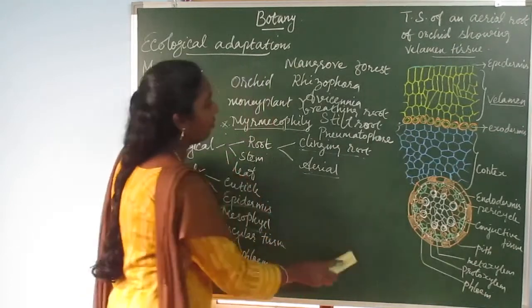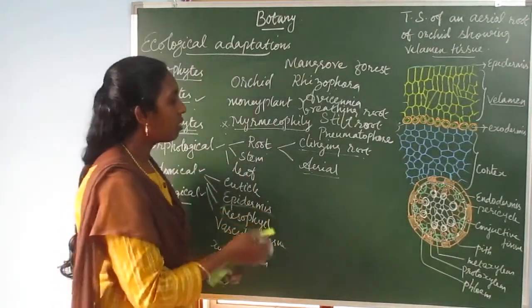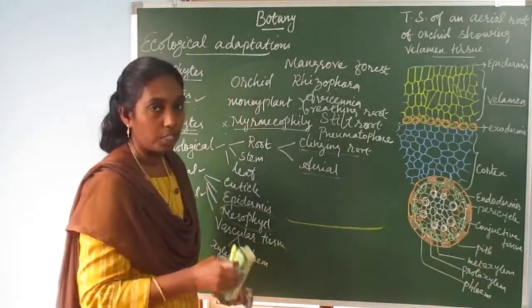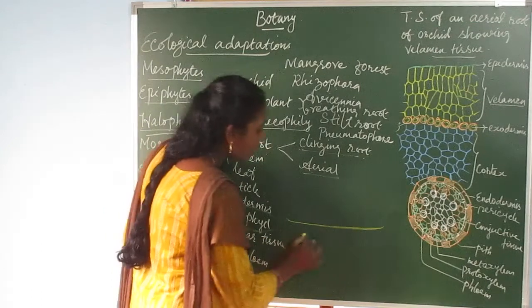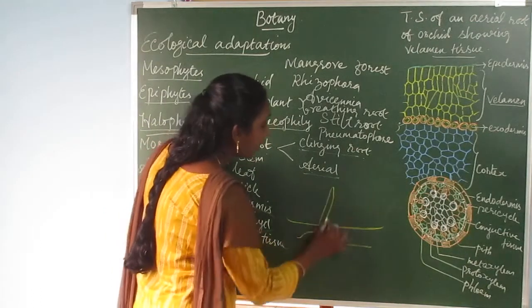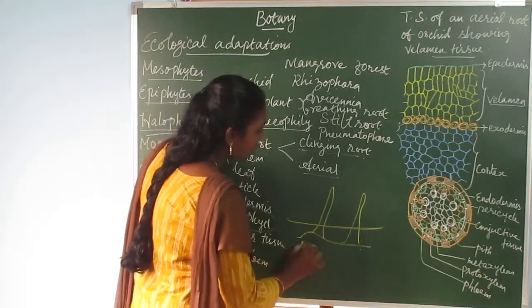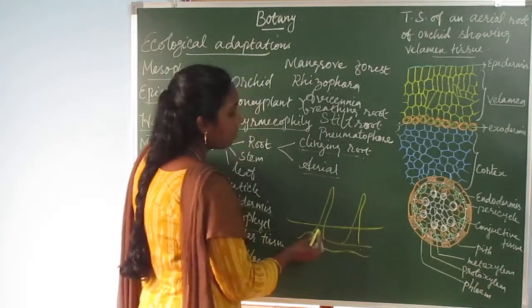What is this root, the breathing root or pneumatophore? Here there is a normal root which is present. In addition to this normal root, some aerial roots develop.